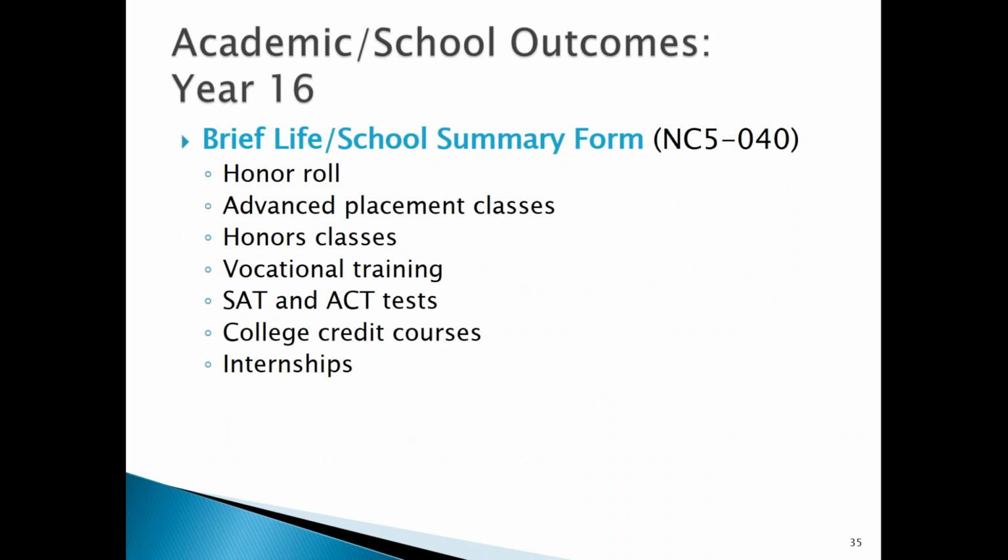At year 16, which is the last year of data collection for the MLS, that was an abbreviated visit, and there is a brief life school summary form with some academic or school-related information. So things like whether the adolescent at this period was on the honor roll, took advanced placement or honors classes, received vocational training, took college credit courses or internships, things like that, are on that form.